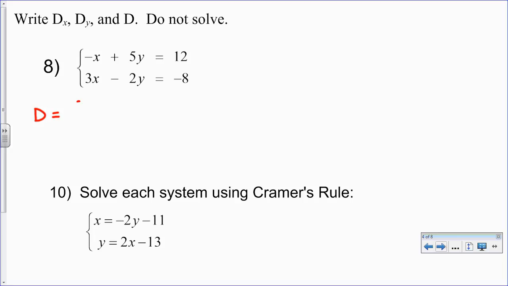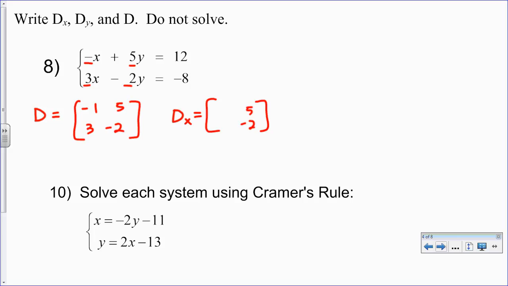So that's the coefficients: -1 and 5, and then 3 and -2. And then dx, you're going to replace the x column. So I'm going to copy the y column down, 5, -2, from the original. And then I'm replacing the x column with the constants. So 12, -8.